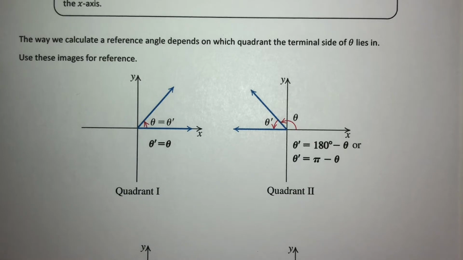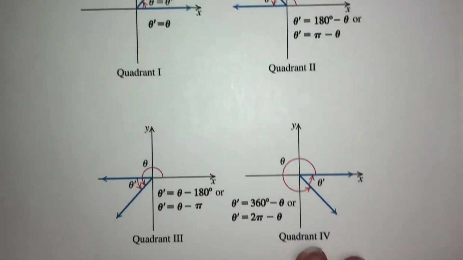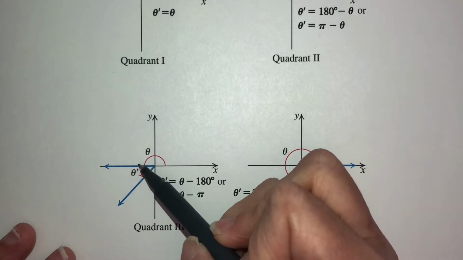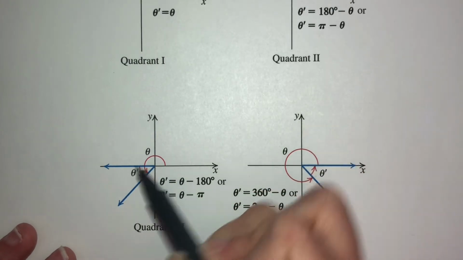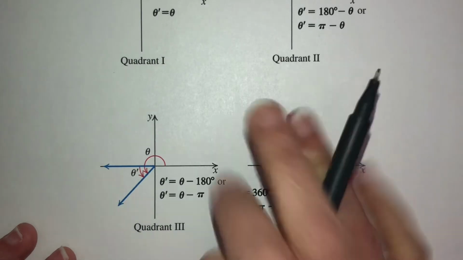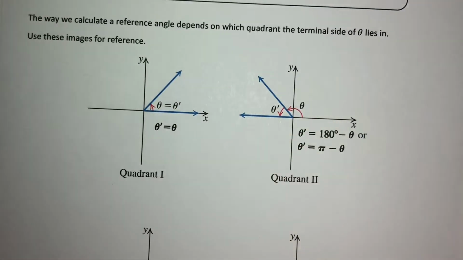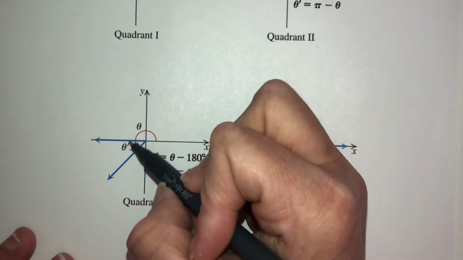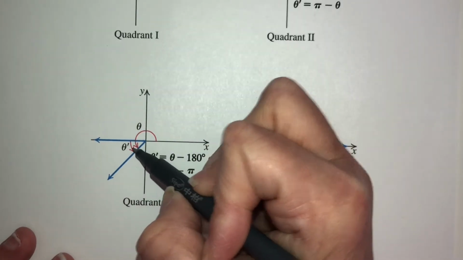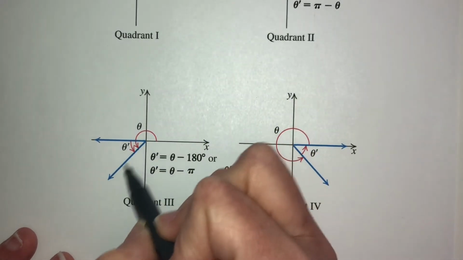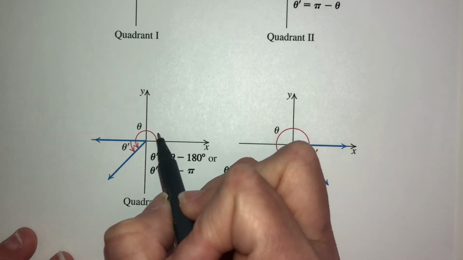Okay? Now, if you are in quadrant 3, your reference angle is again right here. It's to do with this side of our x-axis, similar to here. It's just that if we want to calculate this angle, this angle right here is a larger value than this one.